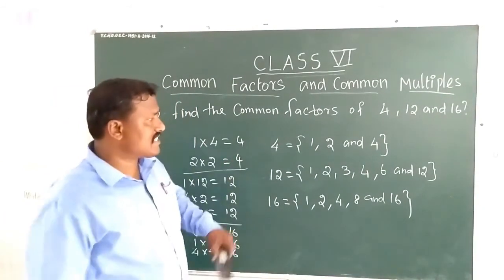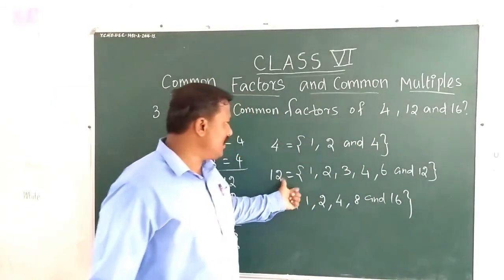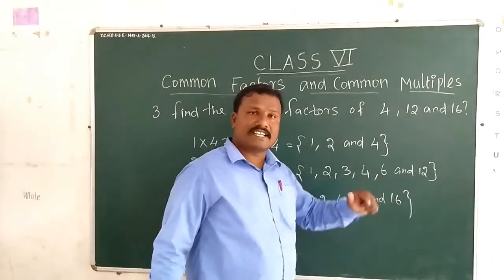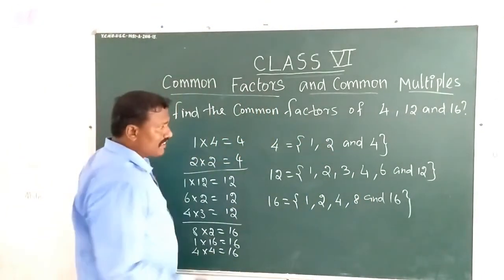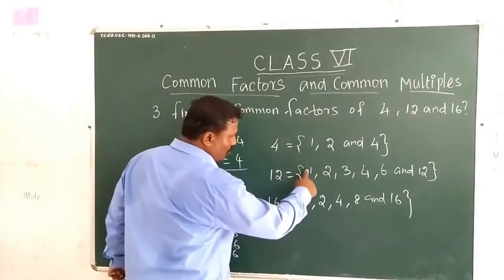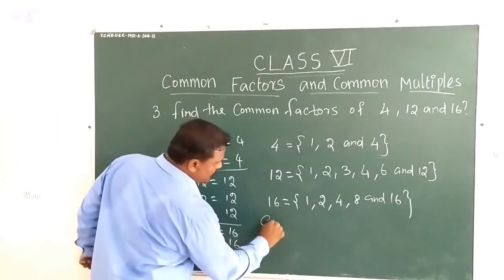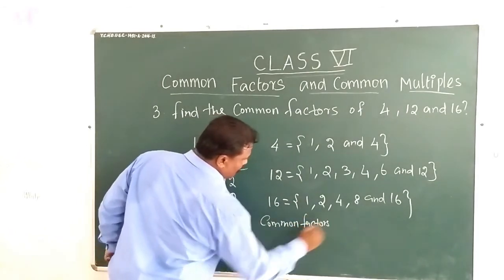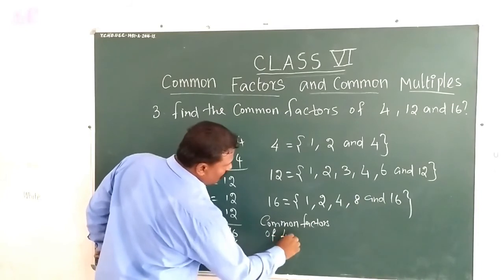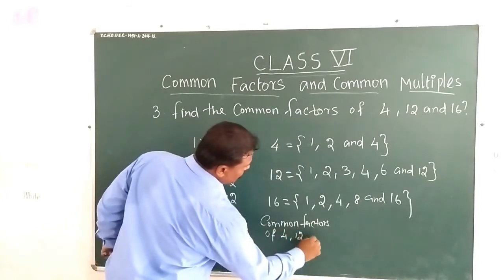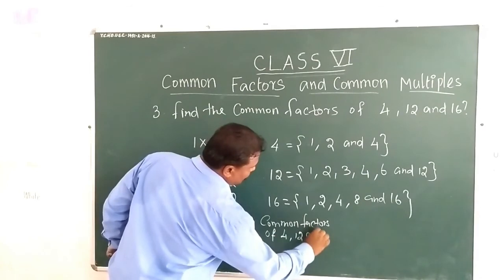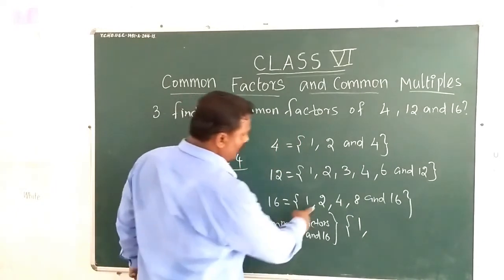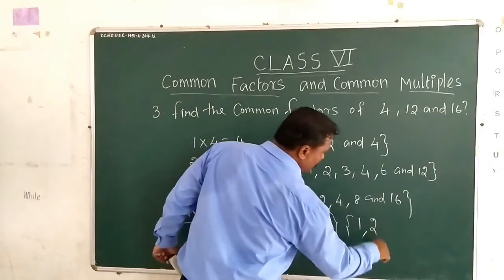So the factors of 4 are 1, 2, 4. Then the factors of 12 are 1, 2, 3, 4, 6 and 12. Then the factors of 16 are 1, 2, 4, 8 and 16. Now we are going to find the common factors of these three numbers. So 1, 1, 1. So common factors of 4, 12 and 16 is 1. 2, 2, 2, so 2 is also a common factor.